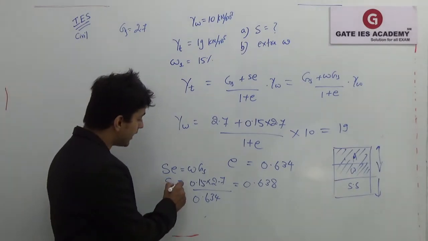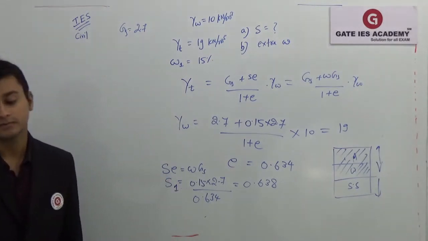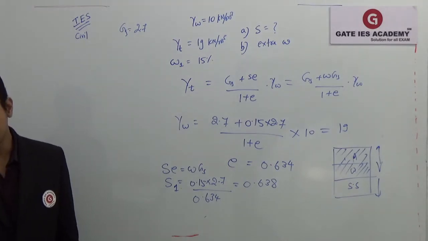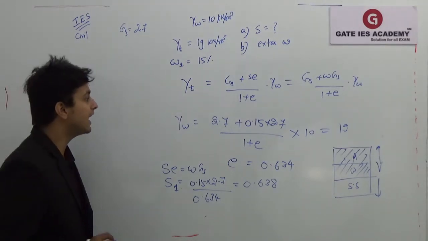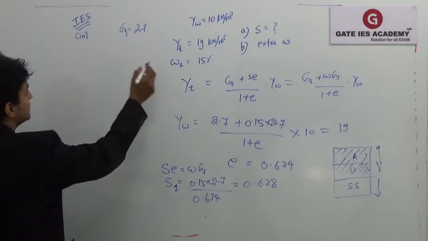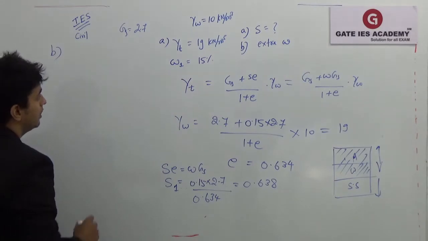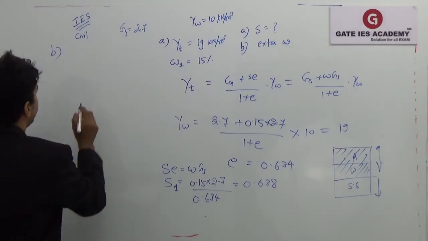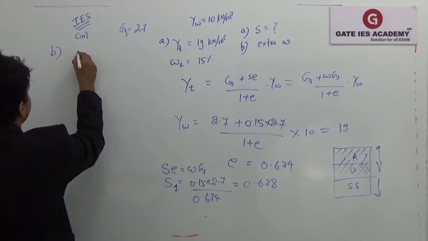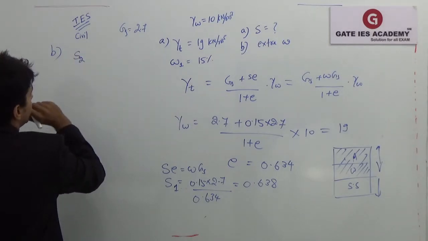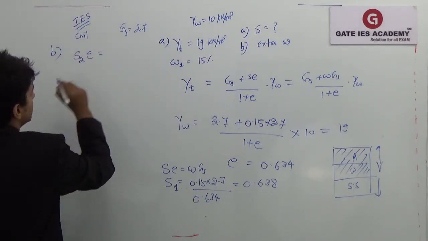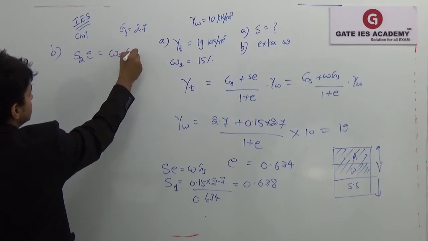This is my S1, you can say. Now in the second case, I'll be finding out the new values. For case 1 this was A, now let's take part B. In this part also you can apply SE equal to WGS. So I'll write S2 into E is equal to W2 GS.